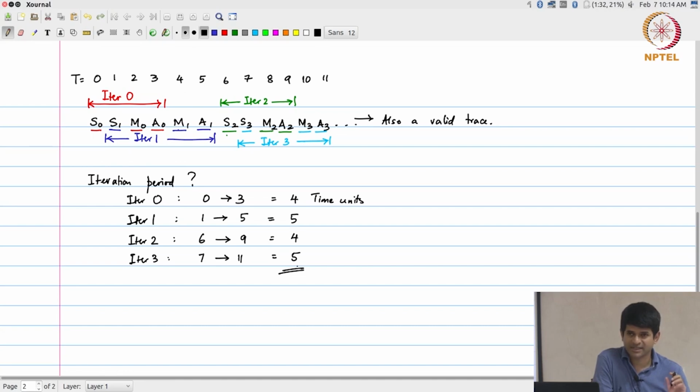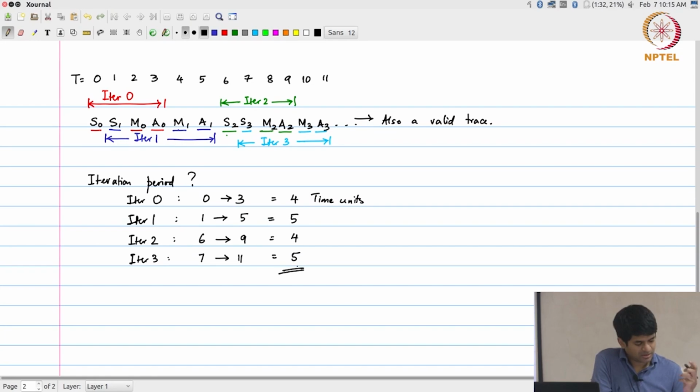That is strictly speaking not the exact definition of iteration period, but for the time being, just for ease of understanding, I am going to use that. So one thing that you can see over here is the time required for one iteration to complete can vary between 4 and 5, but that is not really indicative of the periodicity either, of the rate at which we are finishing iterations.